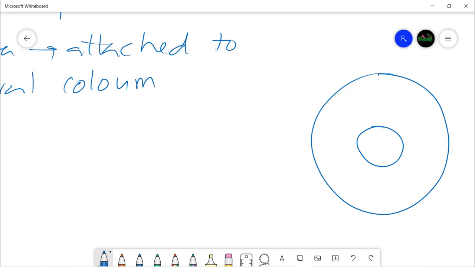Now partitions from the column to the ovary wall create locules. So we have placenta here, let's draw them. So suppose there are placenta. To these placenta, for example, ovules will be attached.